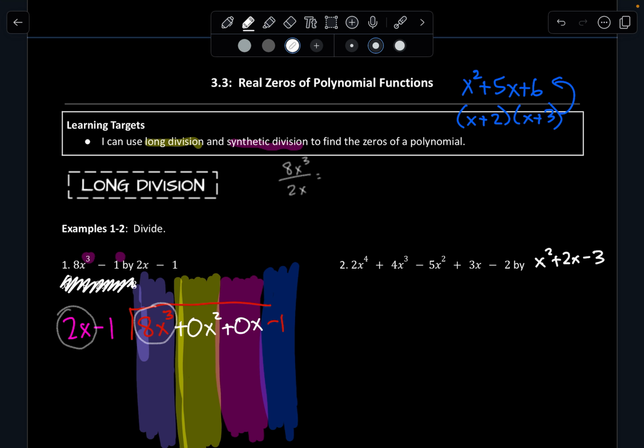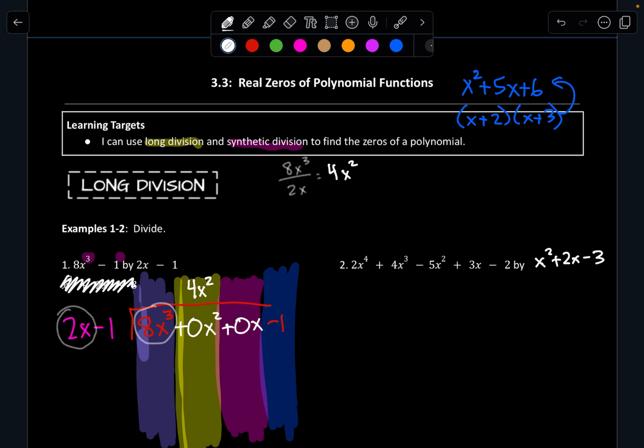It's easier for me to think, how do I multiply from 2 to get to 8? That would be 4. And then from x to x cubed, I would have to do x squared. 4x squared times 2x would get us 8x cubed. So we're going to put it in the x squared lane because it's an x squared term.